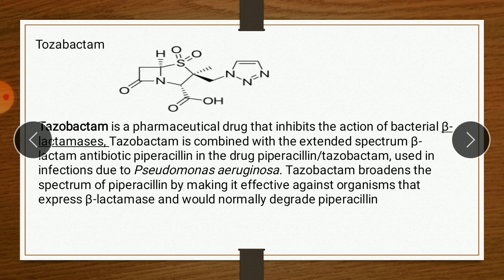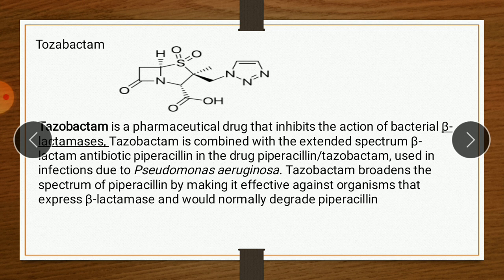Tazobactam broadens the spectrum of piperacillin by making it effective against organisms that express beta-lactamases and would normally degrade piperacillin. So it is about the beta-lactamase inhibitor, also called a mechanism-based inhibitor.